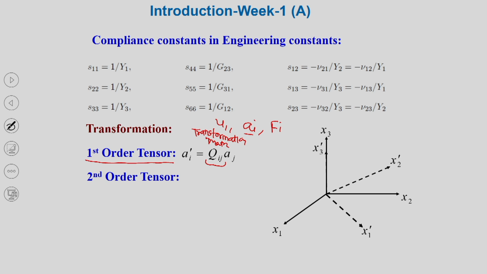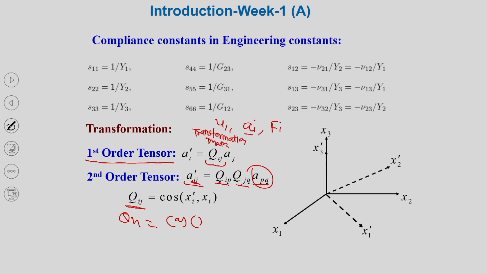It will contain basically cosine angles. Similarly, for a second order tensor with double index, it will be 2 transformation matrices. The components inside that matrix, Q11, is nothing but cos of x1 dash comma x1.